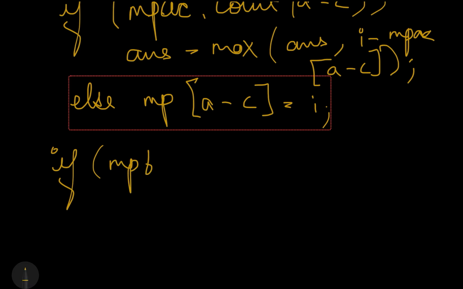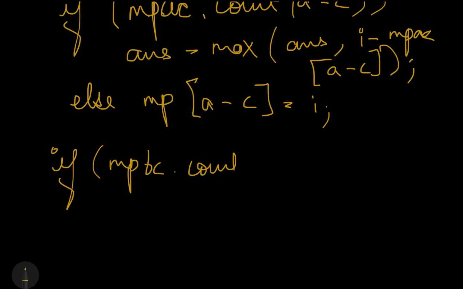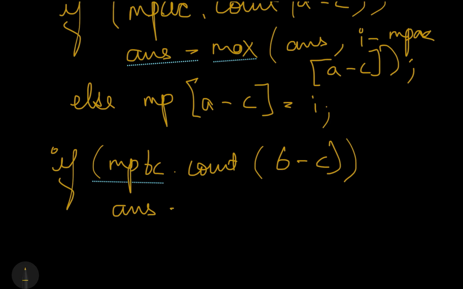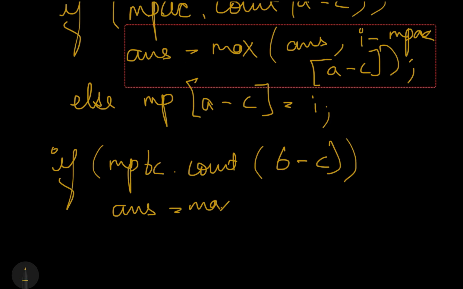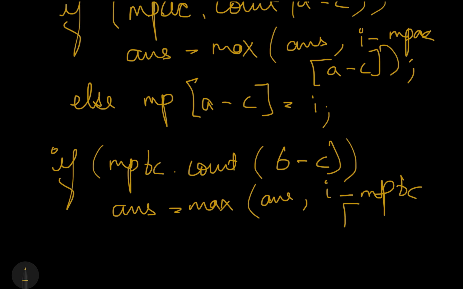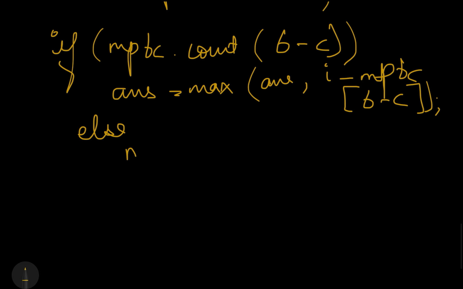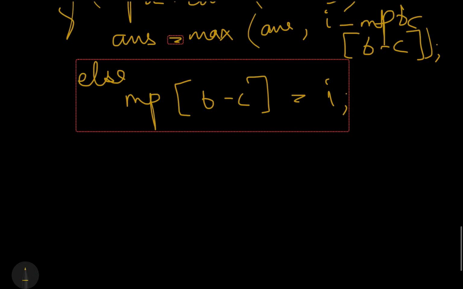Now similarly we'll do it for MP of BC dot count of B minus C. If the frequency is the same, we'll update our answer with i minus MP of BC of B minus C. Else we'll update our map with the current frequency.